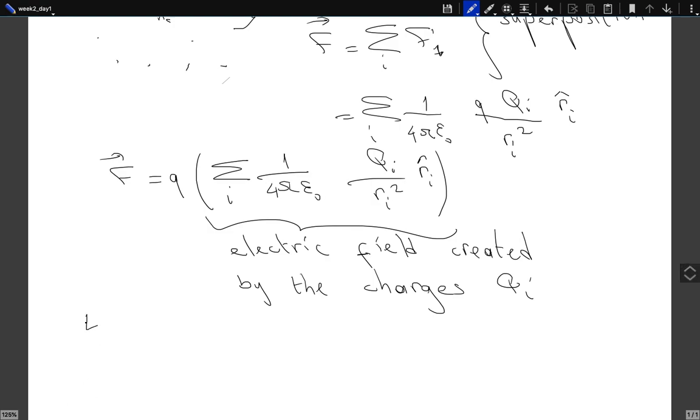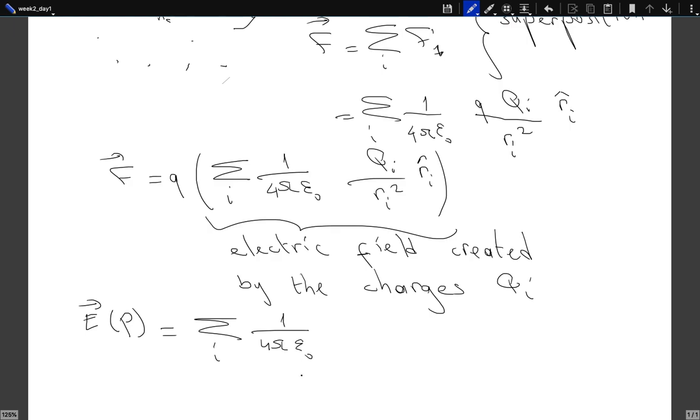So in general, when we are talking about the electric field, we talk about the electric field at a point P. This is the sum over i, 1 over 4 pi epsilon 0.